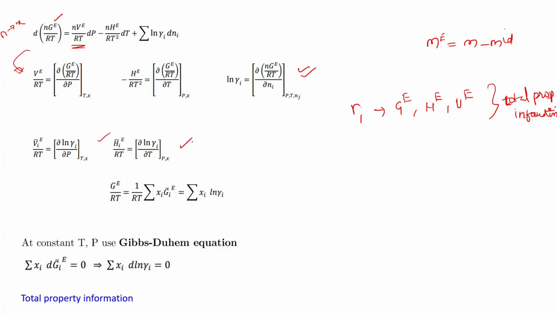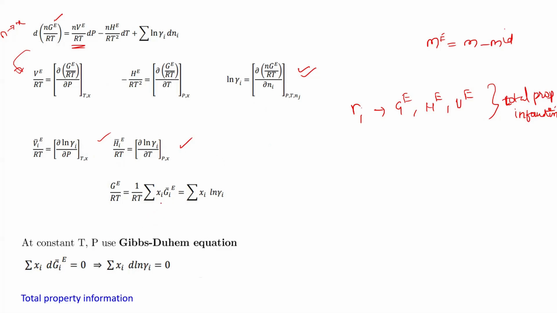Here, if I know the expression clearly, then I can do this. Even if not, I should be knowing the values, for example, the gamma at different temperatures and different pressures. Then I can find out the HE and VE.